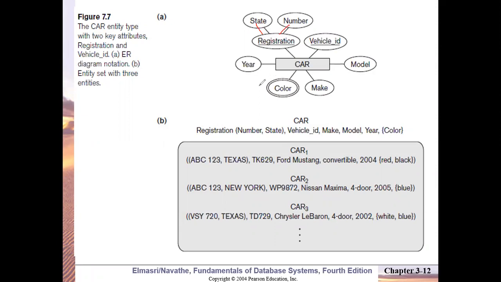Then which is the multi-valued attribute here? Color. The color of a car is a multi-valued attribute. How is it indicated? Double oval, a double bordered oval. So remember, multi-valued attributes are represented by a double border.